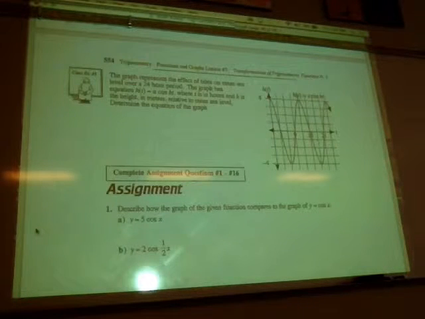What's the cycle of cosine? Does it start halfway or up? So let's go through one cycle. Started here, back here. Okay, period.